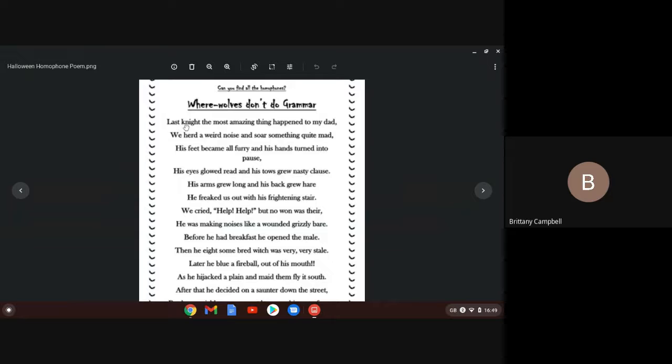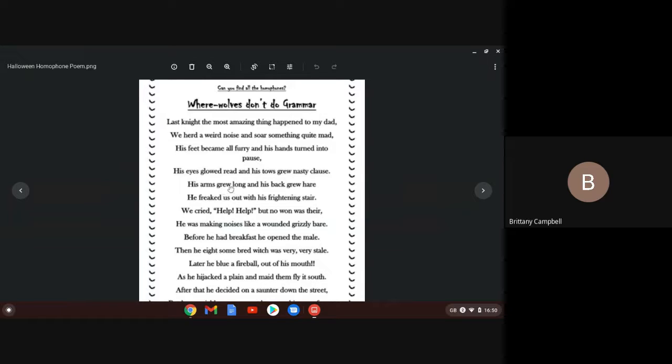The poem says, "Where Wolves Don't Do Grammar." Last night, NIGHT, the most amazing thing happened to my dad. We heard, HEARD, a weird noise and saw something quite mad. His feet became all fury and his hands turned into paws. His eyes glowed red, RED, and his toes, TOES, grew nasty claws, CLAWS.